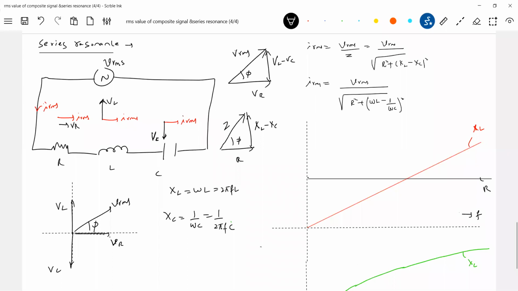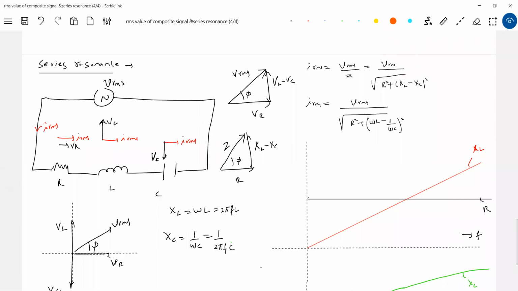At lower frequencies, XL will be greater than XC. At higher frequencies, XC will be greater than XL. At one frequency, XL can become equal to XC, where the reactance becomes 0, and current will be maximum.